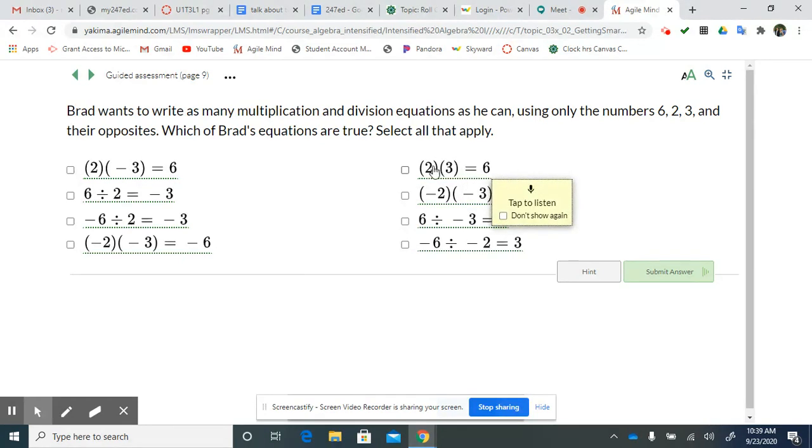Let's go to the second column. Positive times positive gives us a positive, and 2 times 3 equals 6. So that one's true. So write down 2 times 3 equals 6. And then negative times negative gives us a positive, and 2 times 3 equals 6. So that one works also.